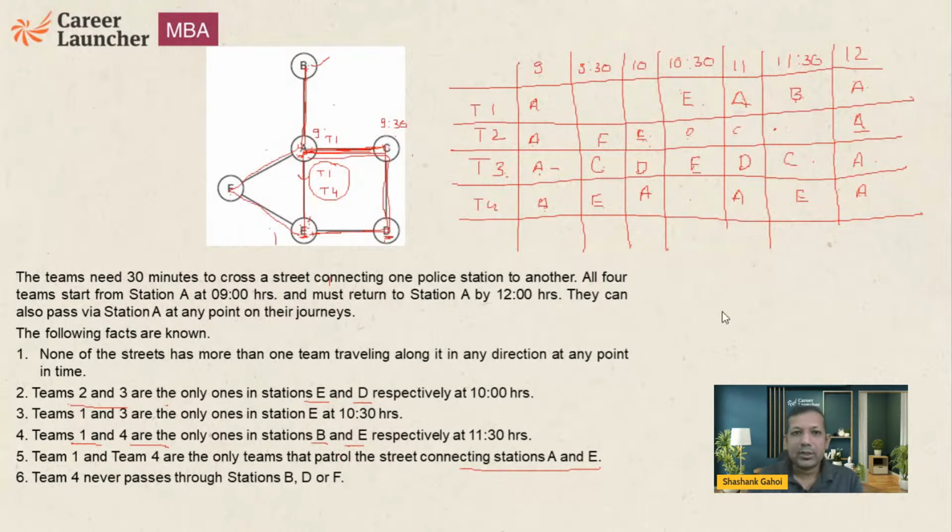So from E, what can it do? It can go E to F, then A, then B. That is a feasible value. So F, A, B, then A.